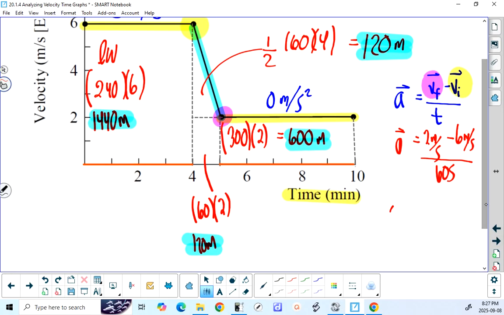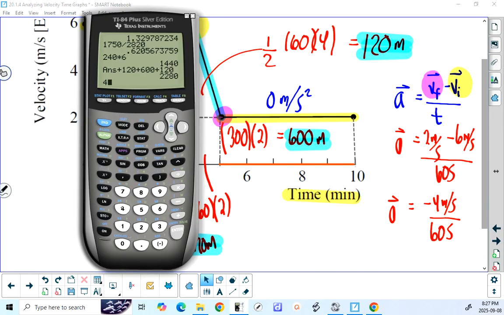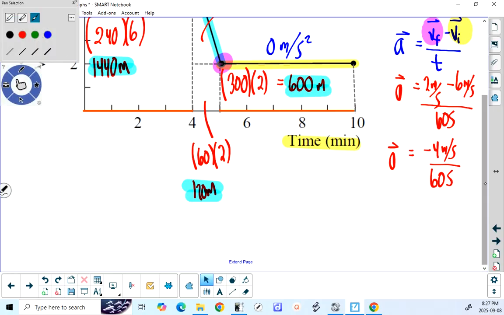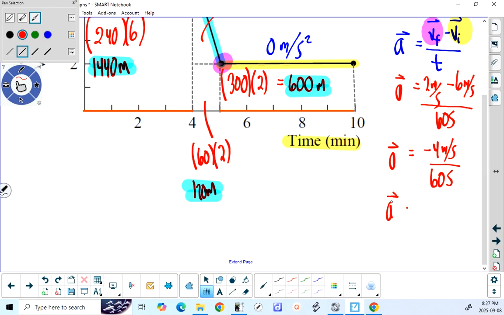So I end up with the acceleration is equal to -4 meters per second over 60 seconds. 4 divided by 60 is 1 over 15, which apparently is 0.067. And it's negative, so the acceleration during that middle portion is negative 0.067 meters per second squared.